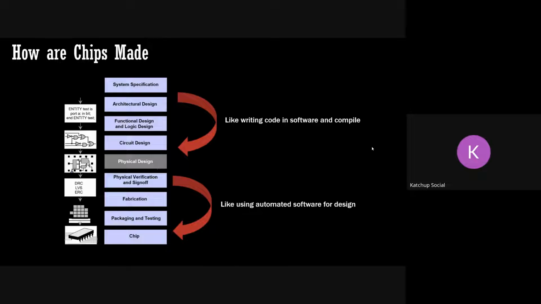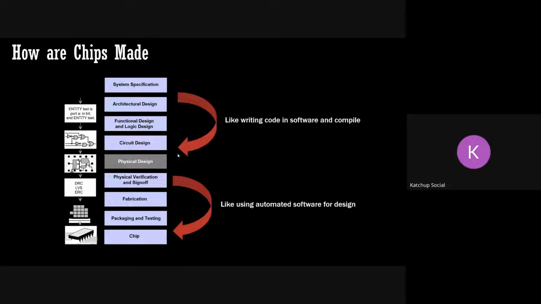Okay, so the physical design part of the chip is the back end part. What is the difference between front end and back end? Mostly the front end part is independent of the technology. For example, the same Verilog code can be used for 2 nanometer, 10 nanometer or 90 nanometer technology.